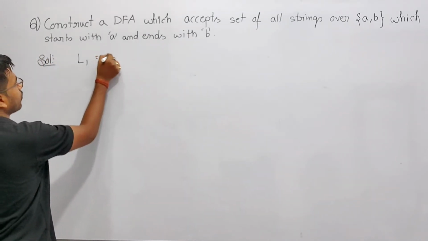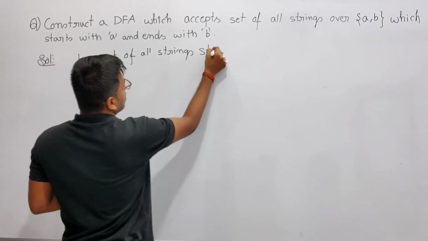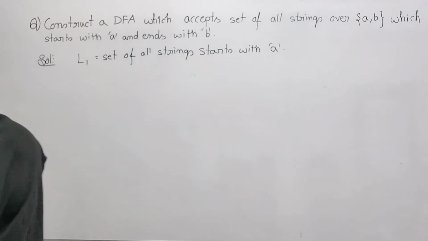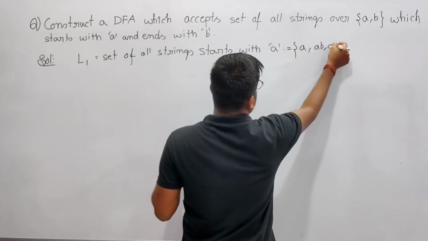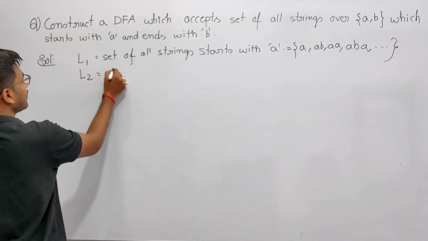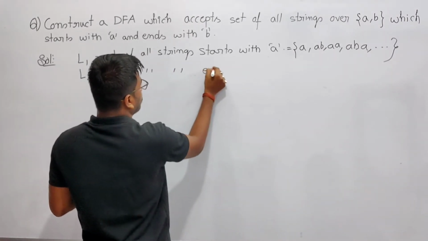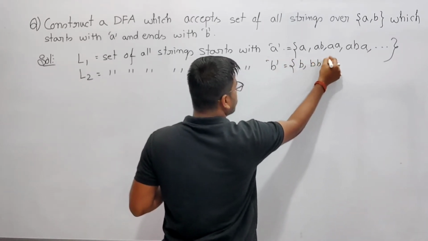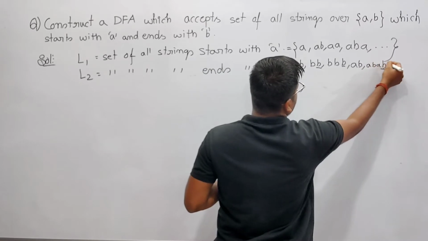So L1 assumes set of all strings that start with a, like a, ab, aba. Now for L2, assume the set of all strings that end with b, like b, bb, ab.